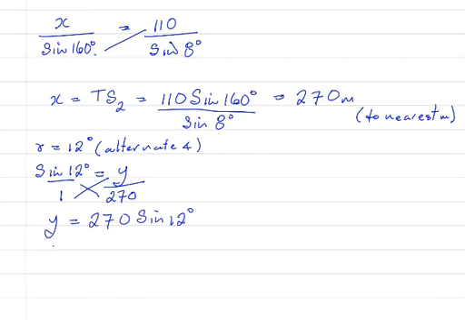So y, which is the height of the lighthouse, TB, is equal to 270 sine of 12 degrees, and the height of the lighthouse, TB, is 56 meters, to the nearest meter. All right, so that is B.